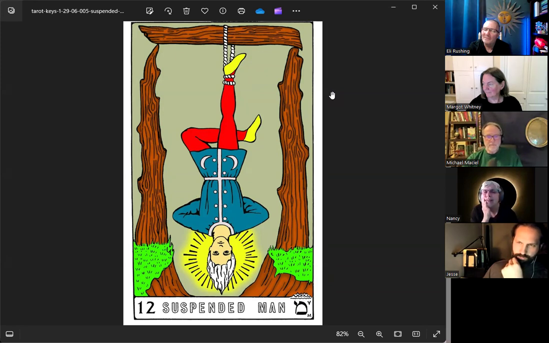I find it interesting that the foot is at the top of the key, because I'm looking at this wondering which way's up, which way's down, and it works both ways.